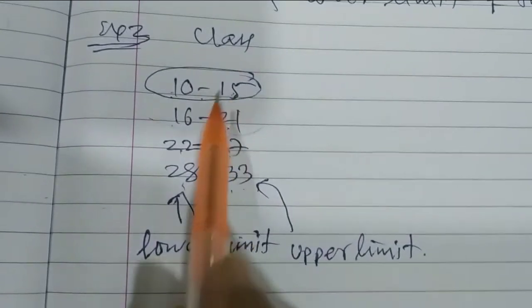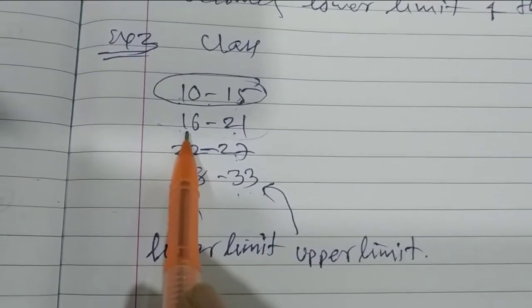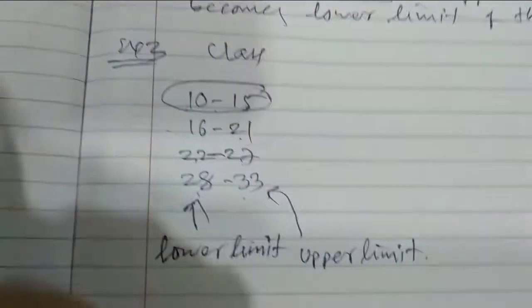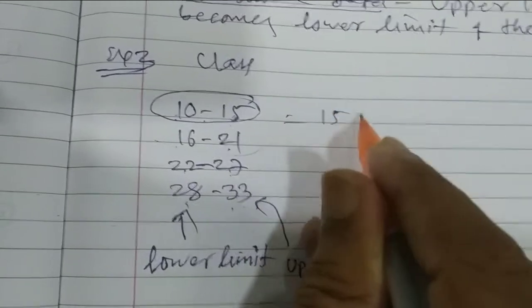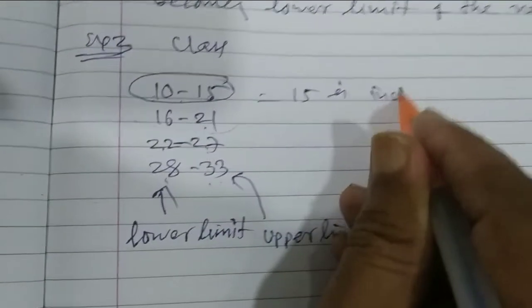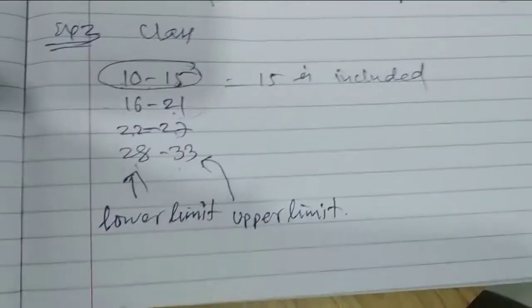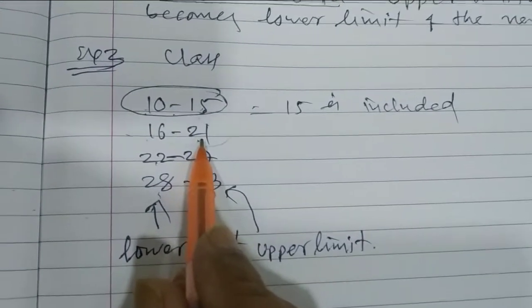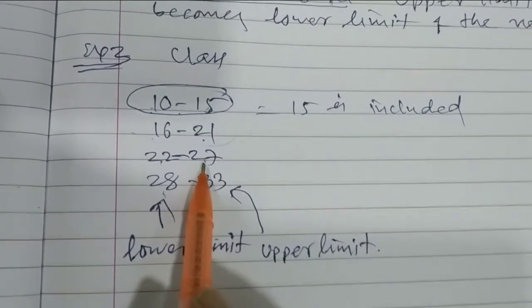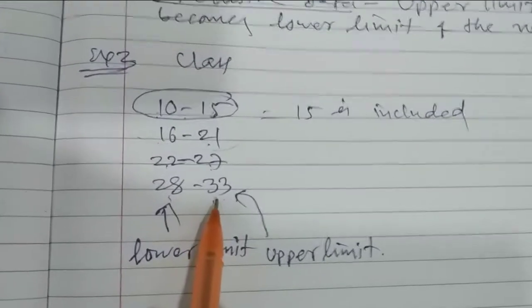Clear? Now here, see, 15 is not becoming the lower limit of the next class. So here 15 is included. See, I am writing 15 is included. Here 21 is included. 27 is included. 33 is included.